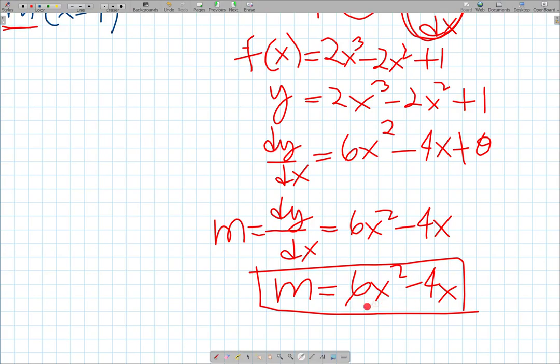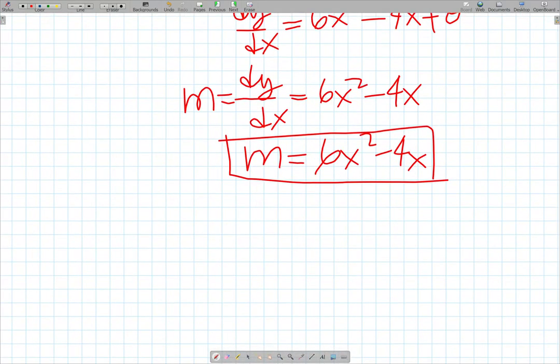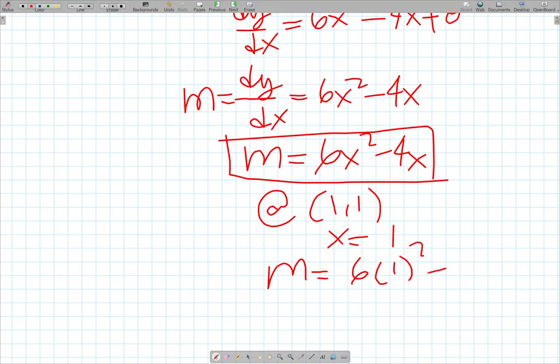So, at any point x, no? At any point x. So, ano kaya ang slope ng curve at point 1 and 1, no? Yan. Sa point 1 and 1. So, your x is equals to 1. Ano ang m natin? That is 6 times 1 squared minus 4 times 1. Your m is equals to 2.